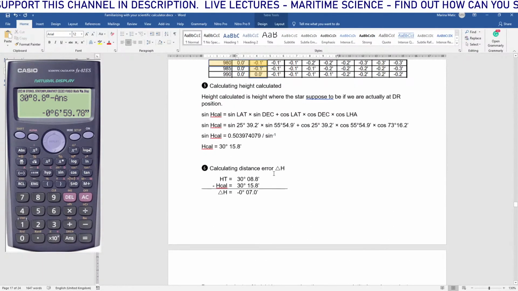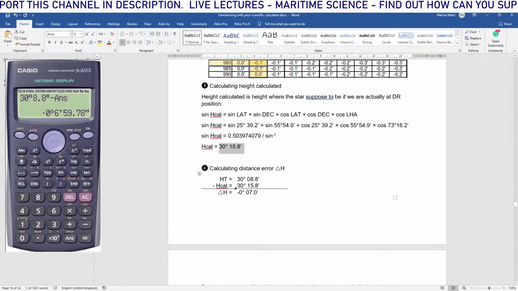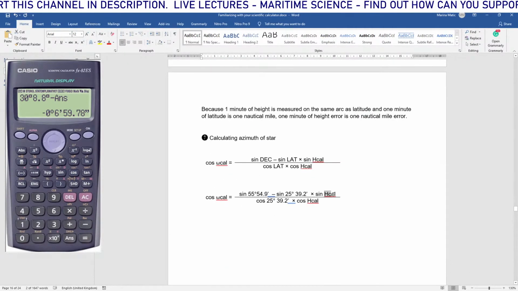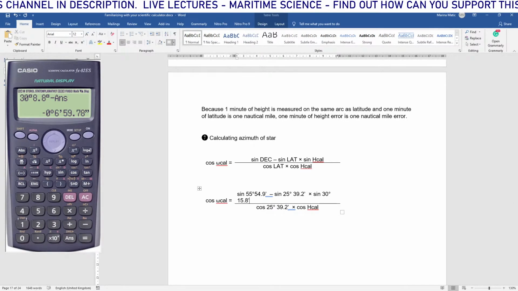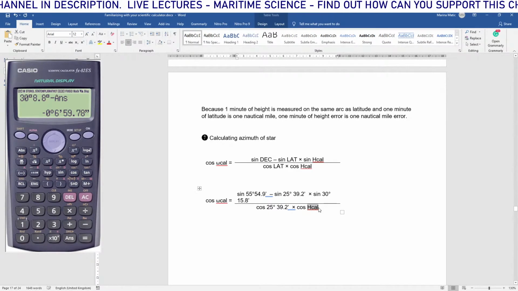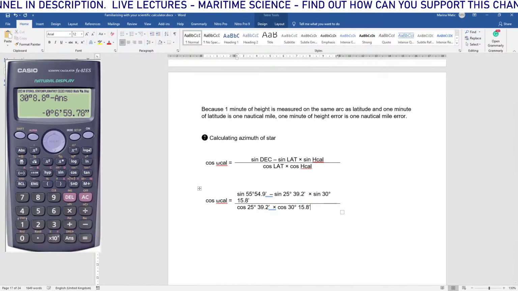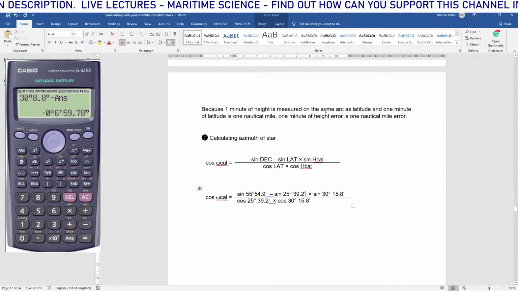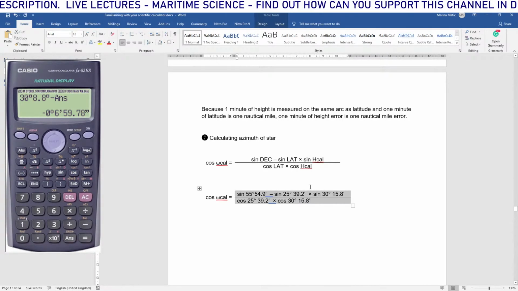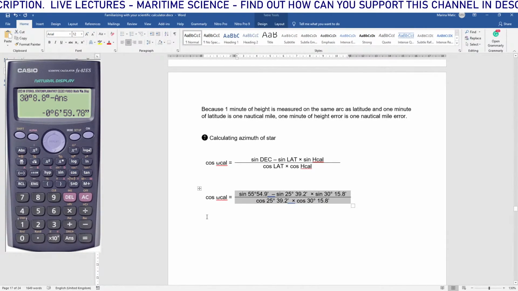And height calculated is this one. So height calculated, and height calculated, and let's spread this so we can see the numbers and center it.